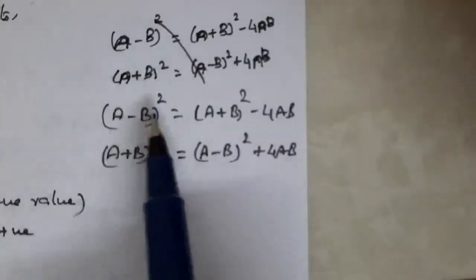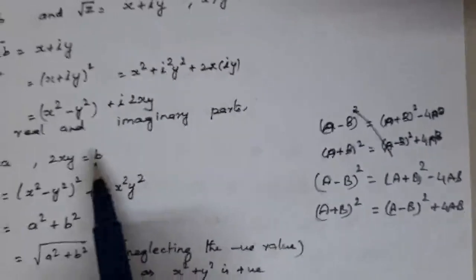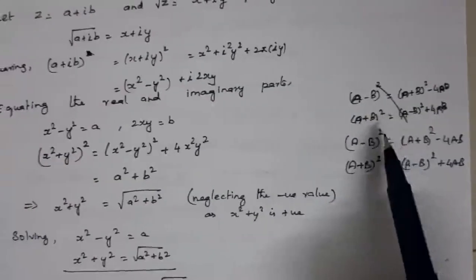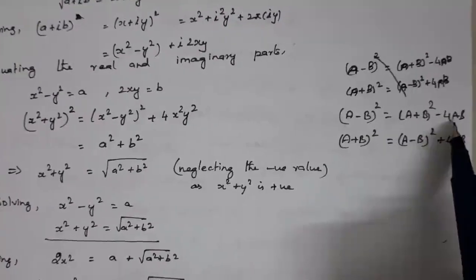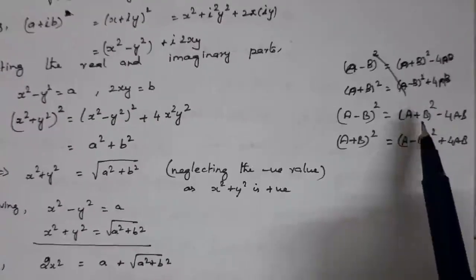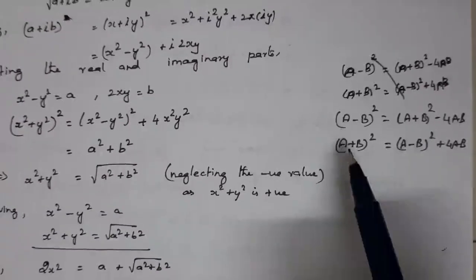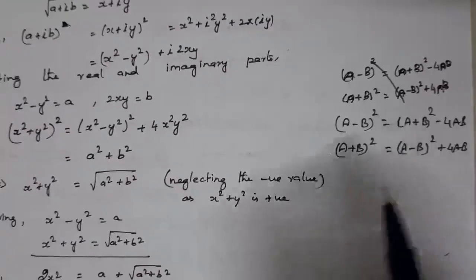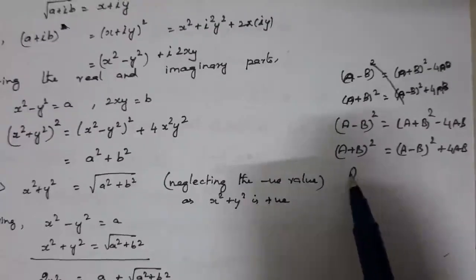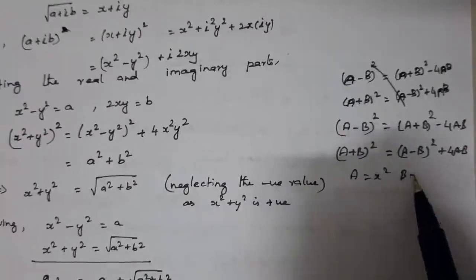I have written this using capital A and B, otherwise you will get confused with this small a and small b. So let us rewrite this formula again. A minus B the whole squared equal to A plus B the whole squared minus 4AB. This is an algebraic formula. Then on rearranging this, A plus B the whole squared will be equal to A minus B the whole squared plus 4AB. Here, instead of A take x squared and B take y squared.